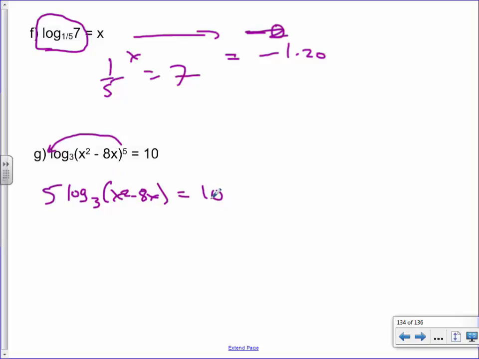There's a 10 right here. I should be able to divide both sides now by 5. If this number up top hadn't been a 5, let's say it was a 4, I don't know that I would find that skill as useful because 10 does not really evenly divide by 4. But 10 totally evenly divides by 5, so you're going to have log base 3 of x squared minus 8x. Now it's equal to 2.